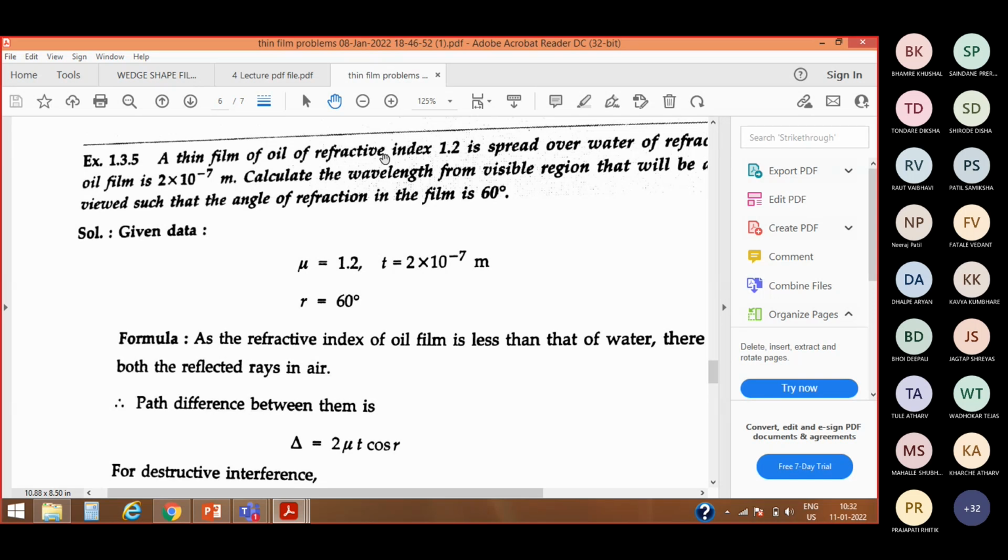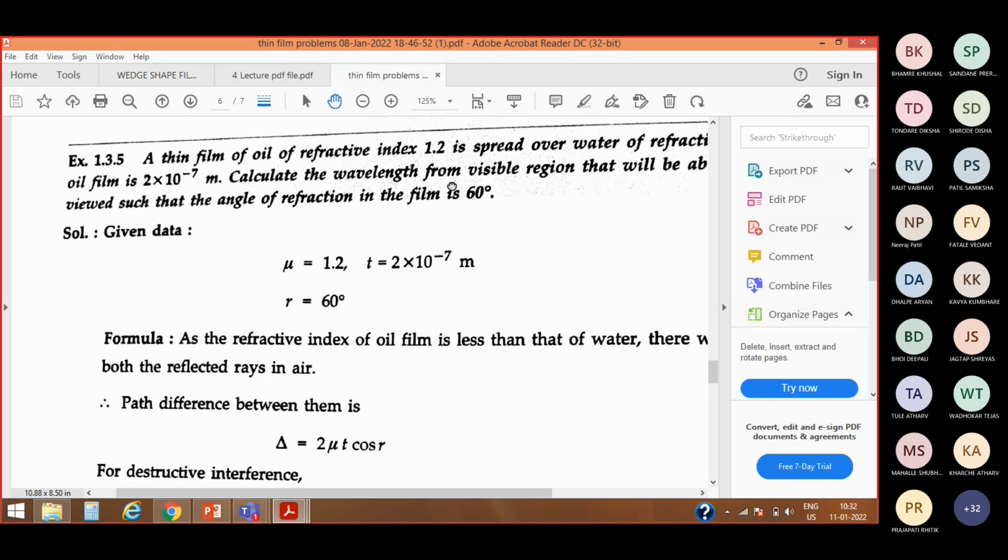is viewed at an angle of 35 degree to the normal.